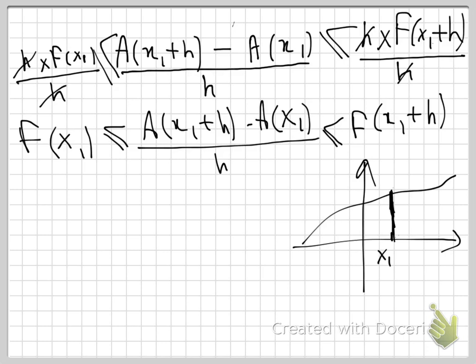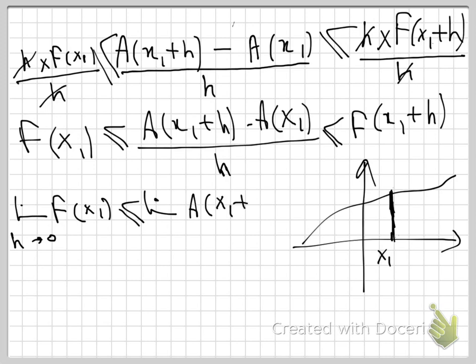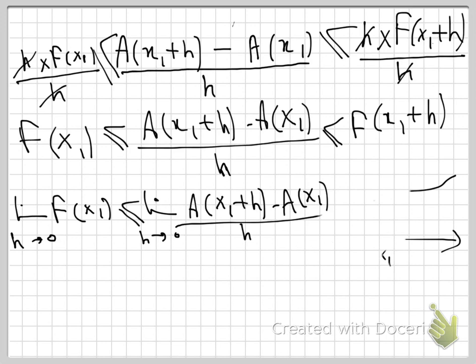But notice here, if we calculate the limit of all of these when h approaches 0, we will get the limit of f of x1 when h approaches 0, and here the limit of A of x1 plus h minus A of x1 over h when h approaches 0, and at last the limit of f of x1 plus h when h approaches 0.